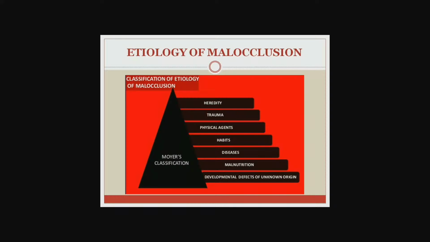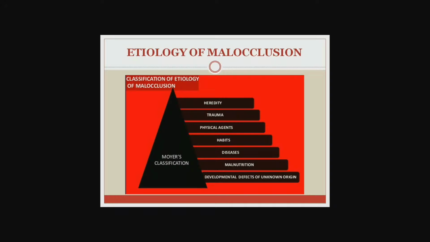Many times certain diseases or congenital facial deformities, in the form of Down syndrome, Treacher Collins syndrome, cleft lip and cleft palate, malnutrition, malnourishment, all this protein energy malnutrition, lead to diseases which result in a lack of growth of the jaws and teeth, and ultimately lead to developmental defects of known and unknown origin.